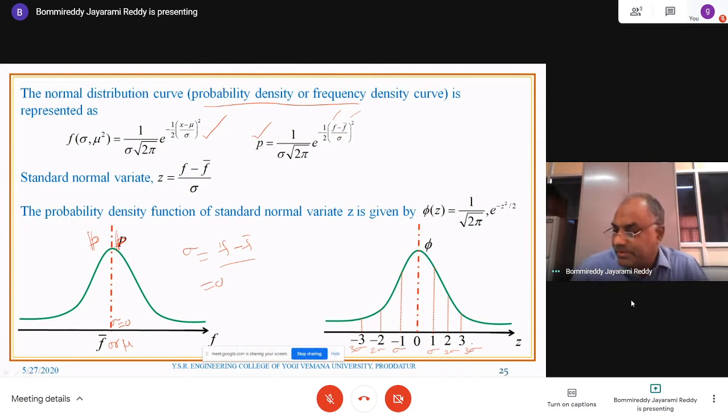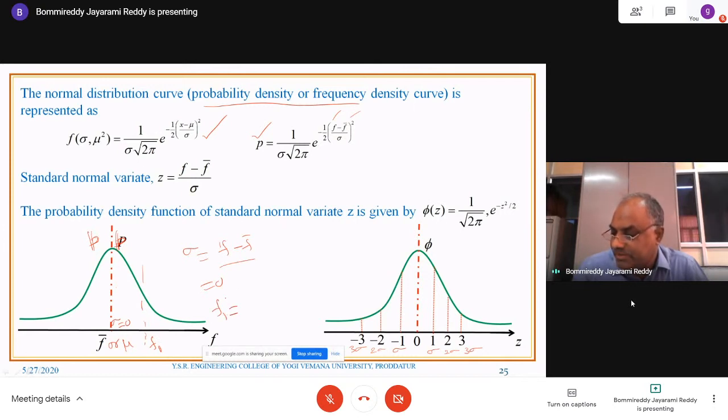So if, for example, you want to calculate any value at this particular point, what is the value of the f here? Let us call it f1. How to calculate that f1 value?